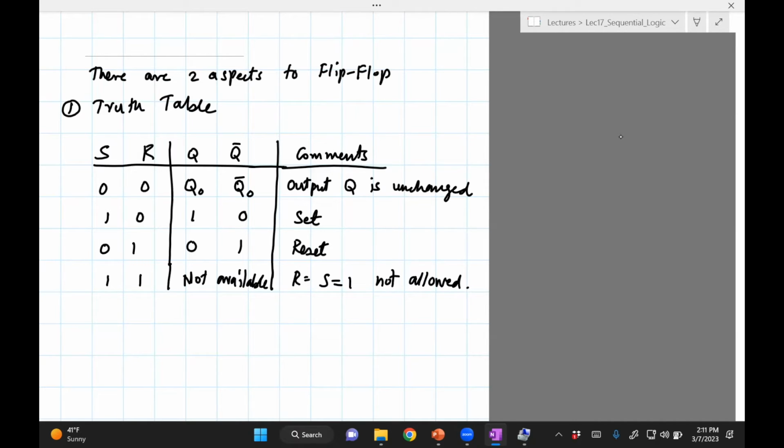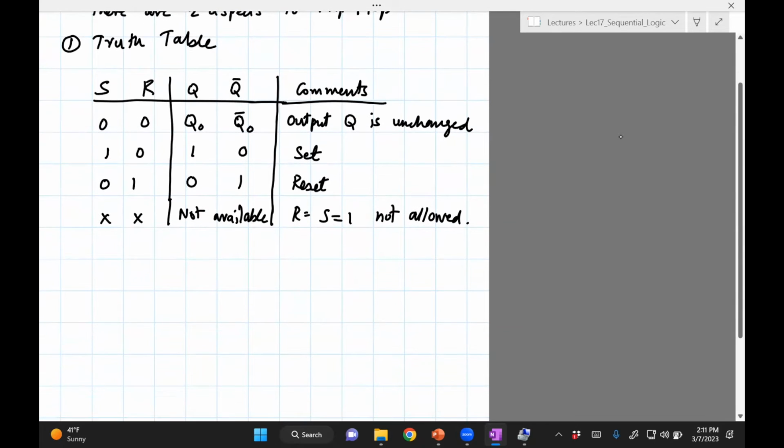I believe it just gives you garbage at the output. So this is one of the limitations of SR, which is that you really can't take that input. I'll just put an X so that it doesn't give an impression that you can put 1 and 1. So that's one of the limitations of SR, and that's why we will see a different flip-flop called JK flip-flop, which is the one normally used in applications. So this was the first aspect, the truth table.